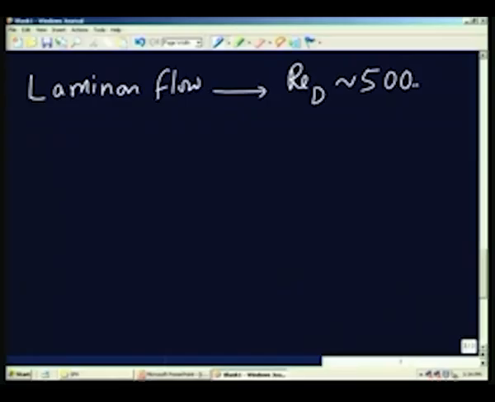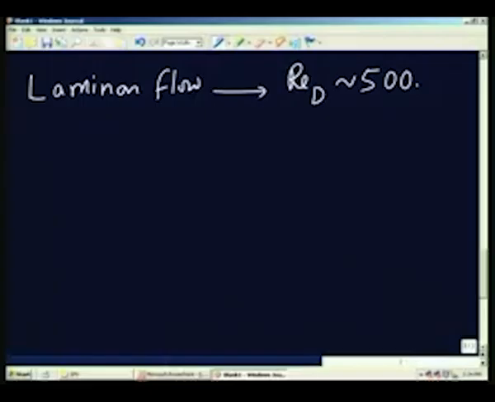I do not want to exceed this value. If you have very low Reynolds number, the pressure drop will become very high. If you go to large Reynolds number, there is a danger that the flow may become turbulent in the experiment. Therefore, we have to go for some median value like this. So, I am just taking Re_D equal to 500 as a possible value.